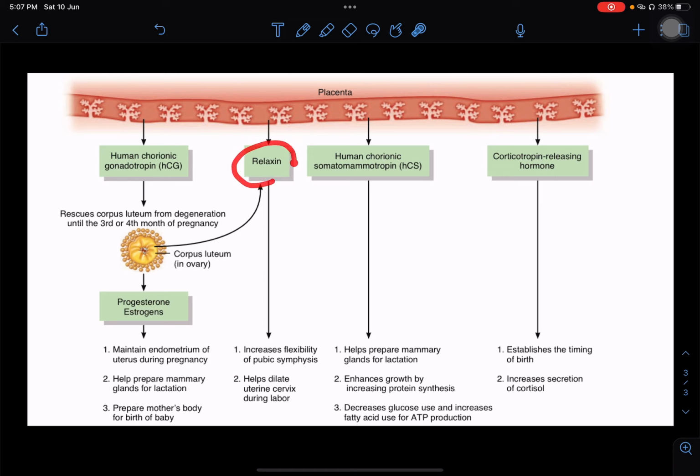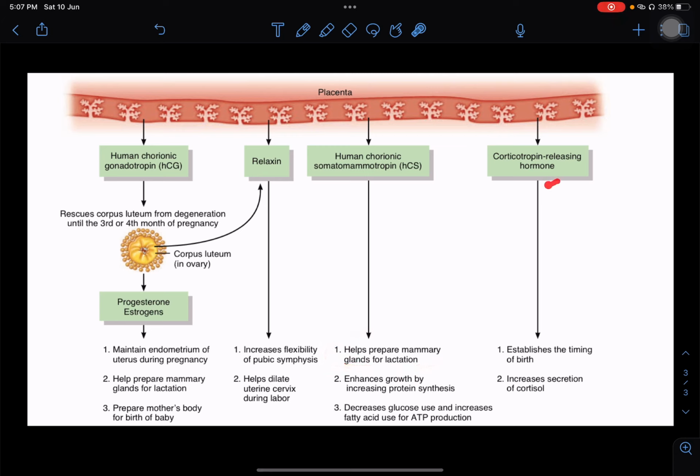Placenta also releases relaxin. It increases the flexibility of the pubic symphysis and helps the uterine cervix during labor. It releases human chorionic somatomammotropin, which is also known as human placental lactogen, which prepares the mammary glands for lactation.